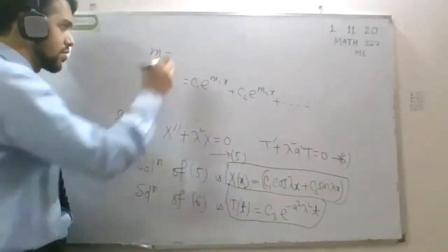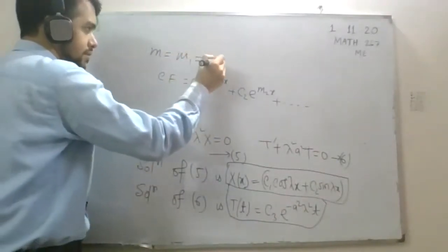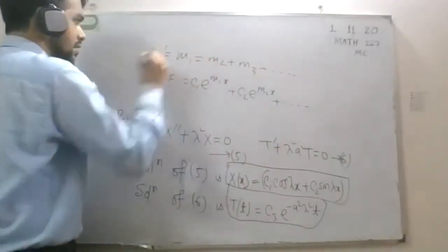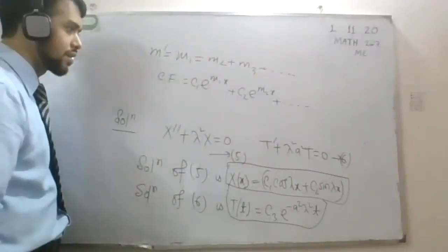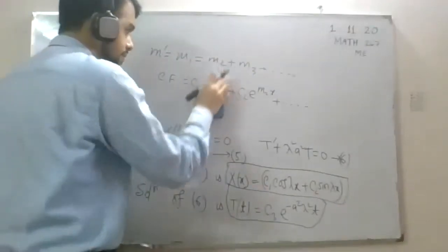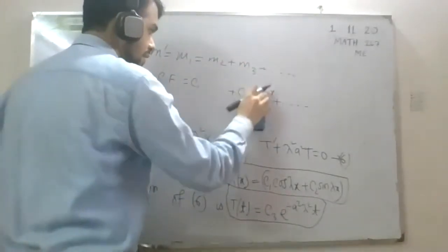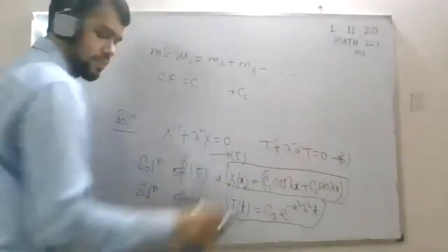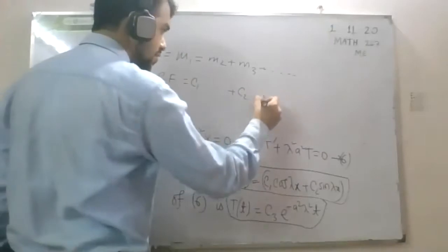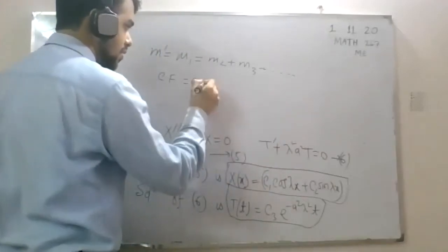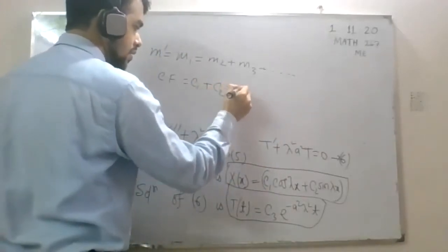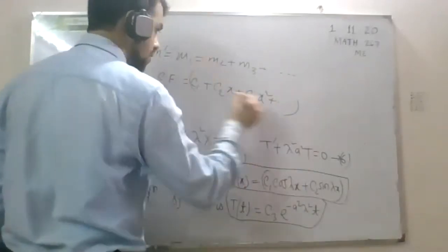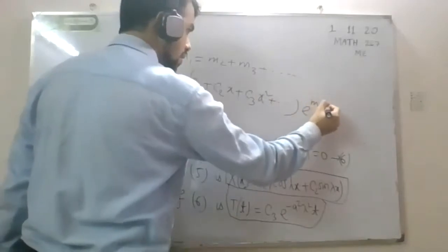If those roots are equal, okay. Suppose this is n prime. Sorry. Then the complementary function will be, okay.